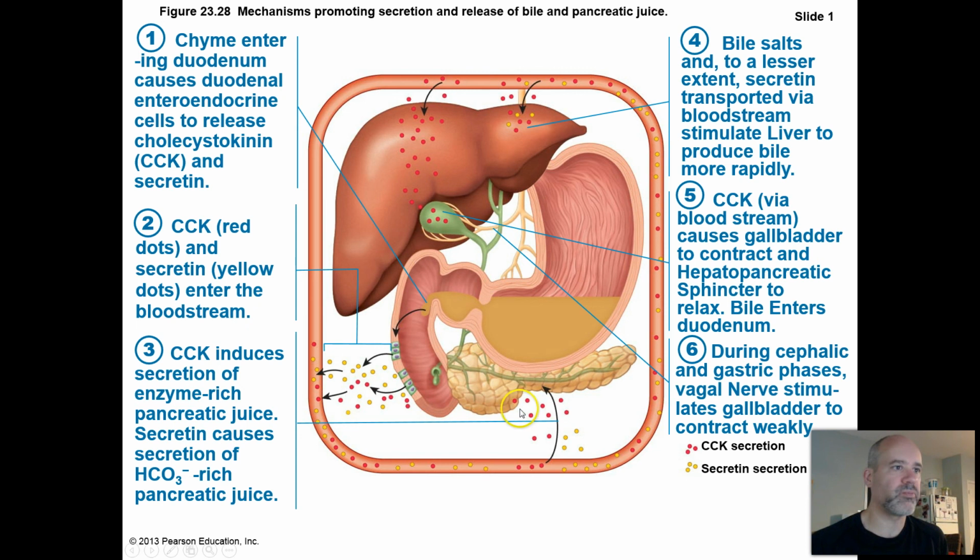And in number 6 on this diagram from the textbook, we didn't really talk about the cephalic phase of digestion. Cephalic refers to the head, the digestive processes going on in the head, and even thinking about eating and what's happening when you're eating plays a role in those processes as well.